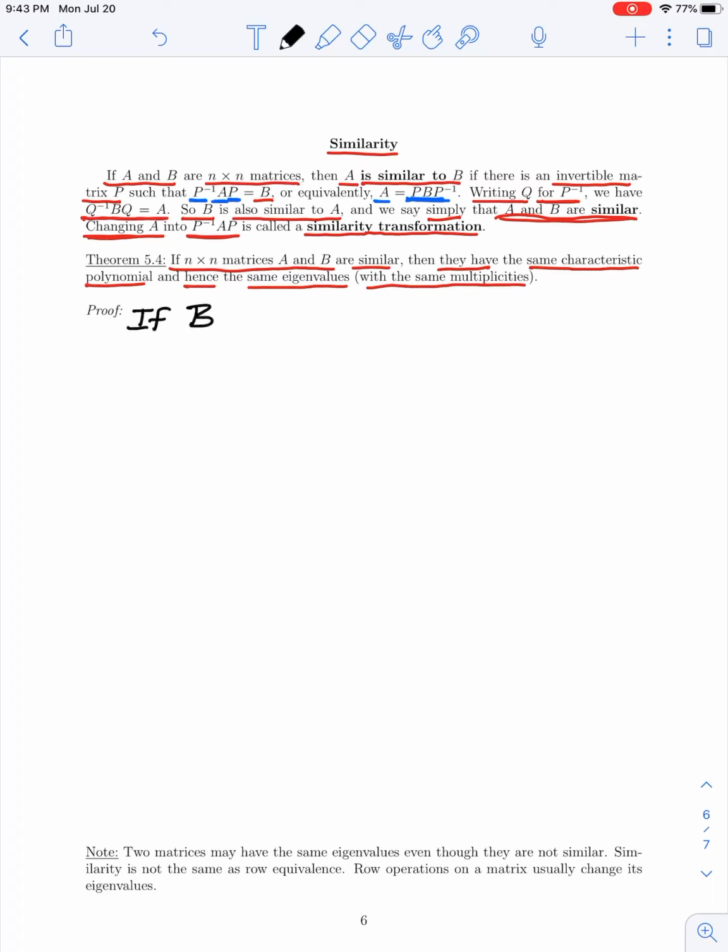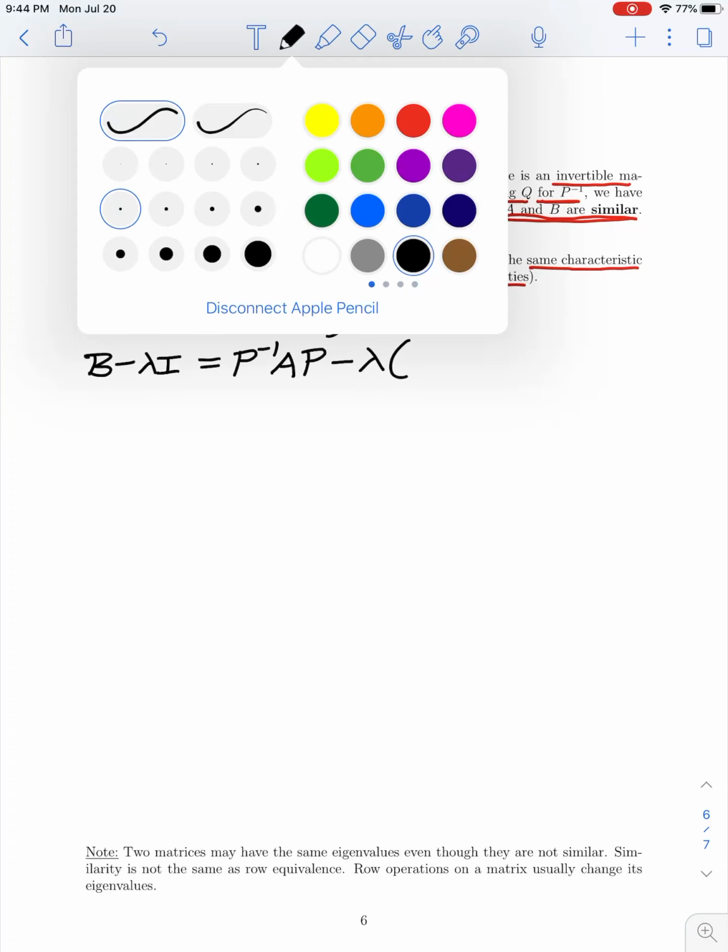So if, for instance, the matrix B is equal to P inverse times A times P, so this is the definition of similarity, then if we look at the matrix B minus lambda times the identity, which we would take the determinant of to get our characteristic equation or characteristic polynomial for B, this is the same as P inverse times A times P, so that was the matrix B, minus lambda times the identity.